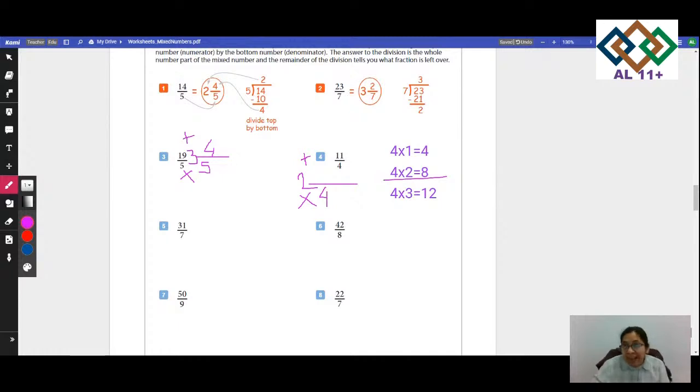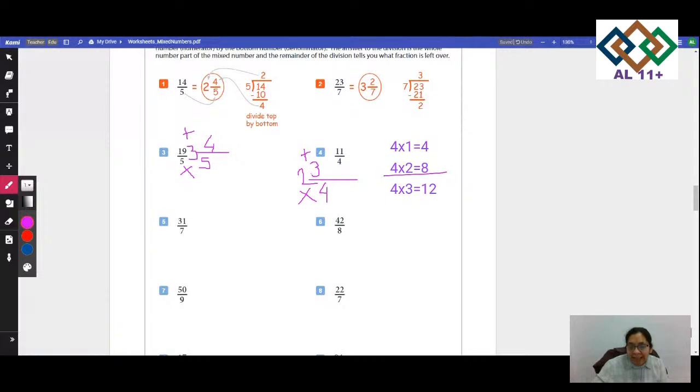What in 8 you will add to give you 11? 8 plus something gives you 11. So 8 plus 3 gives me 11. So now look at the fraction. If you got it right, 4 twos are 8. 8 plus 3, 9, 10, 11.